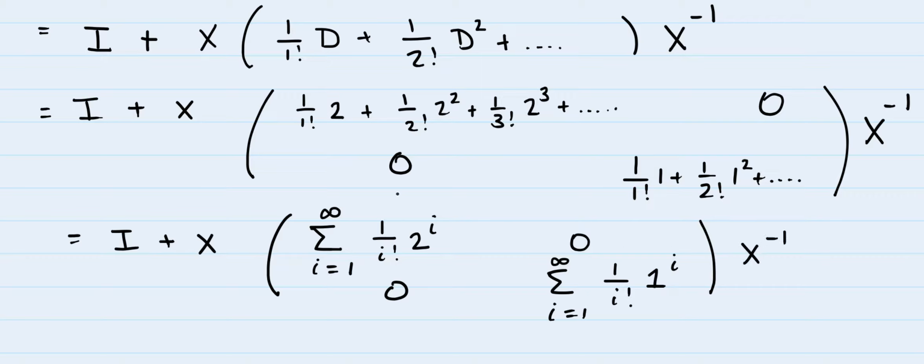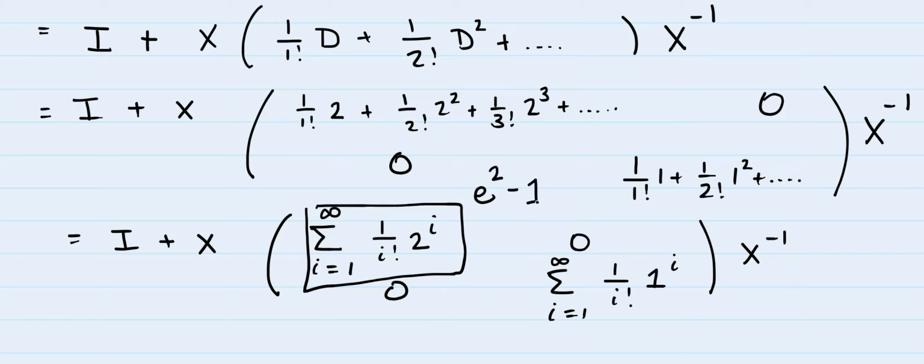The only difference is we're starting at 1 instead of 0, but then what is this actually equal to? So this is e to the 2 minus 1, because we don't include that first element because we started at 1. Originally, e to the 2 is 1 plus all of this stuff.